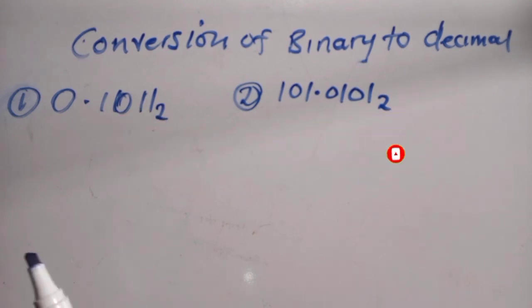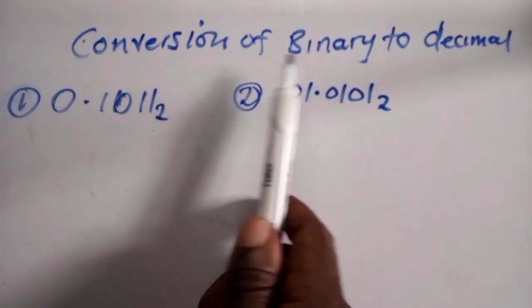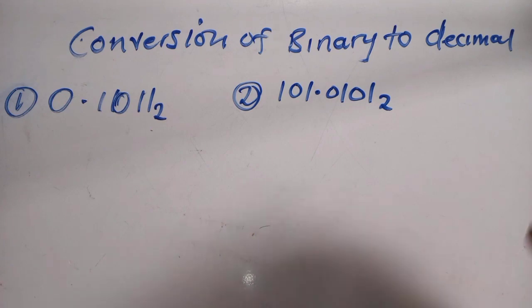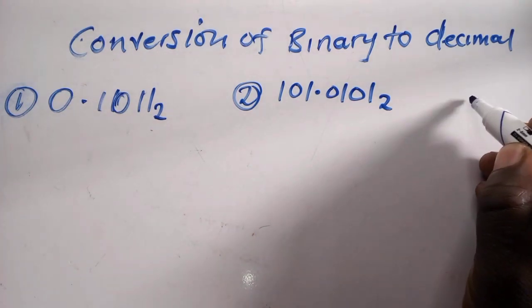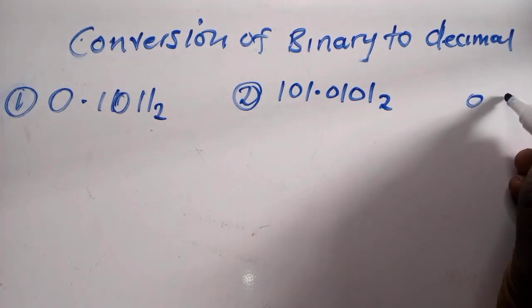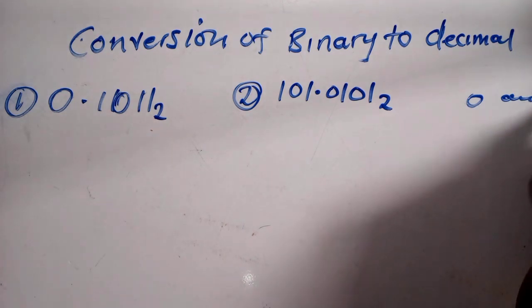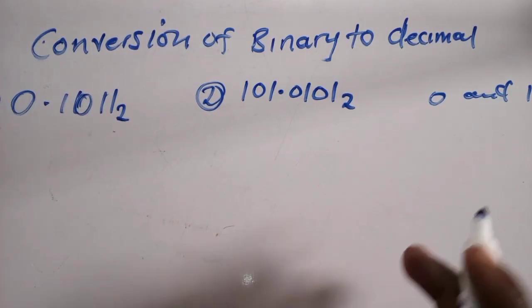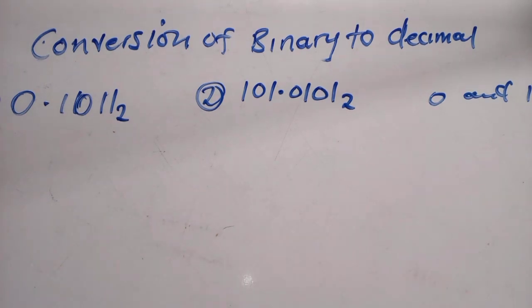For today's lesson, we are looking at the conversion of binary to decimal. What comes into your mind when you hear the word binary and decimal? Binary, these are numbers like zeros and ones, which is called a binary.